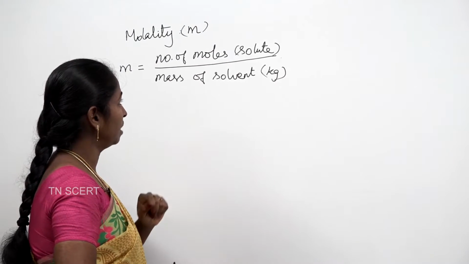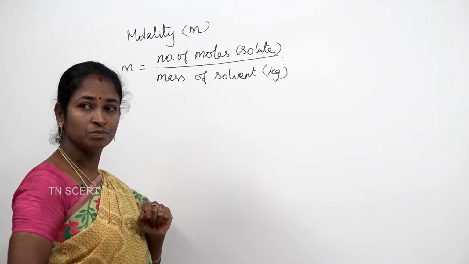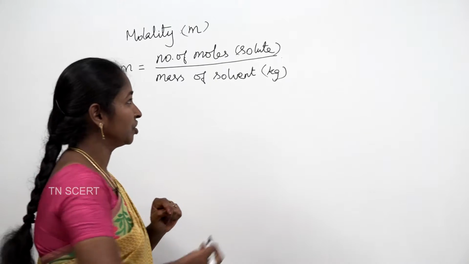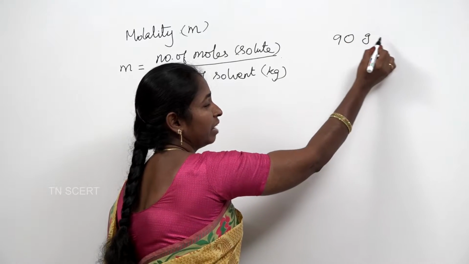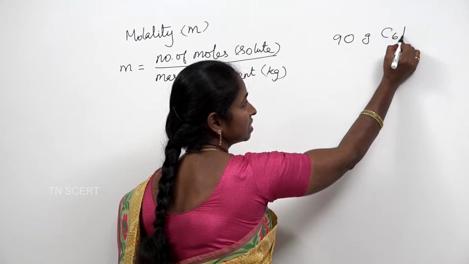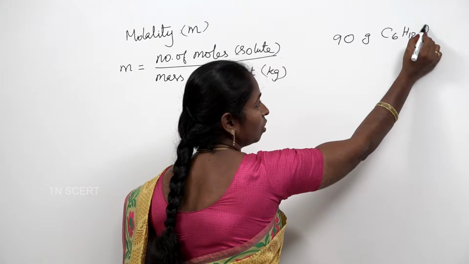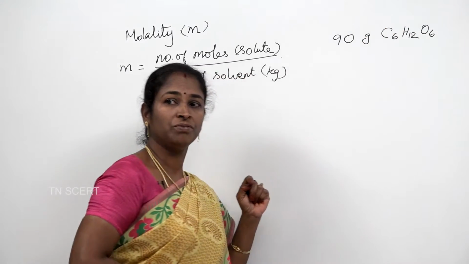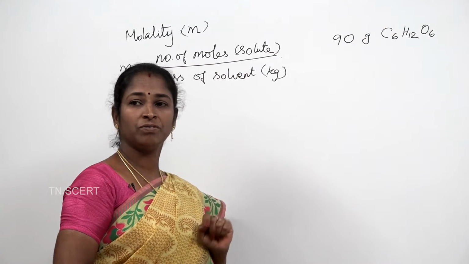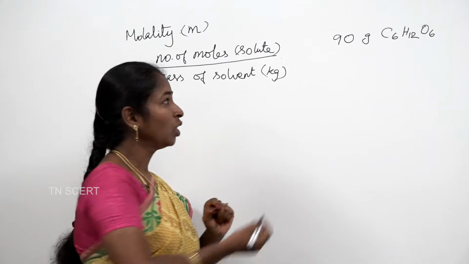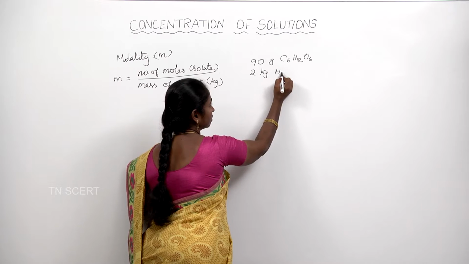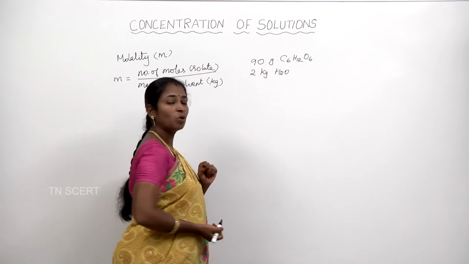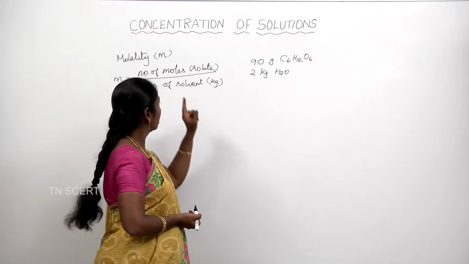Let us take one example to calculate this molality. Imagine 90 gram of glucose, C6H12O6 is the molecular formula for glucose. 90 gram of glucose is present in 2 kilogram of water. What is the molality of this solution?